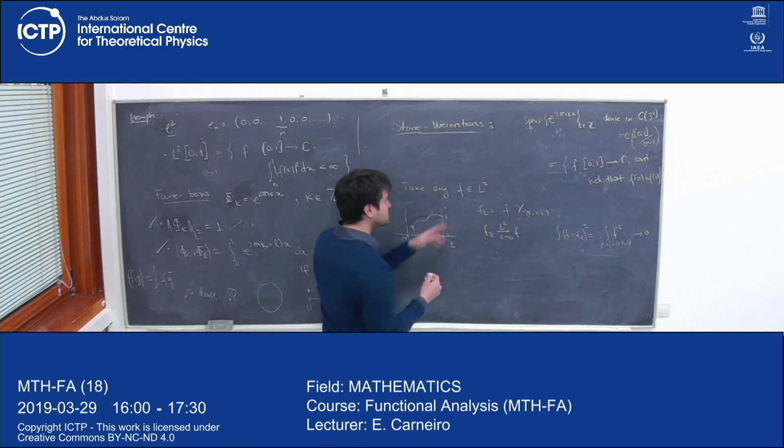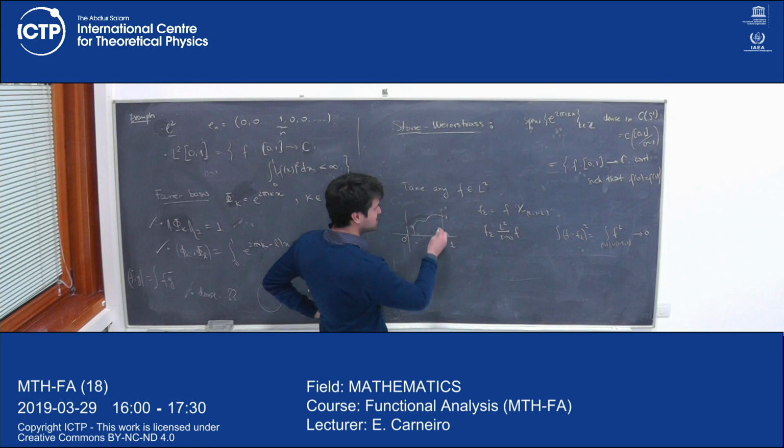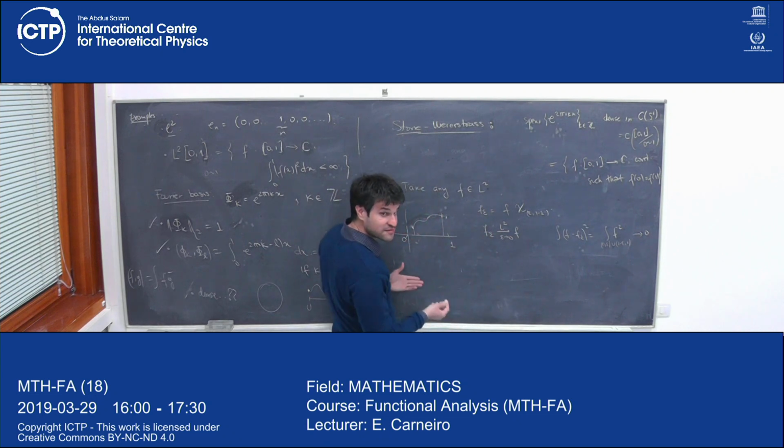You can first approximate f by a continuous function in L2, then approximate that continuous function by a continuous function that is 0 at the endpoints. So this is not hard to do, right? This is the first step. There is an epsilon such that the difference between f epsilon and f is small enough.